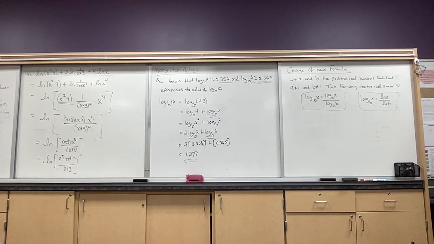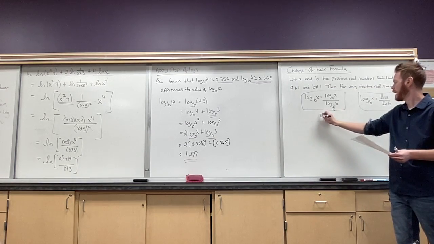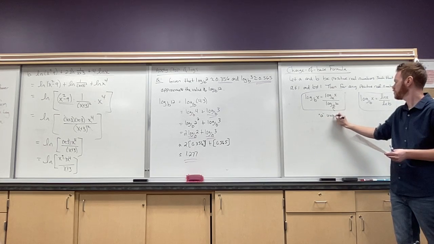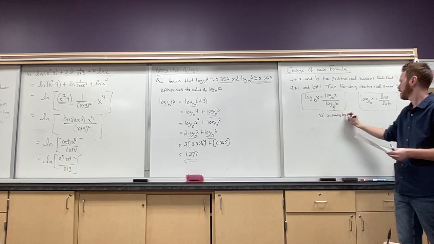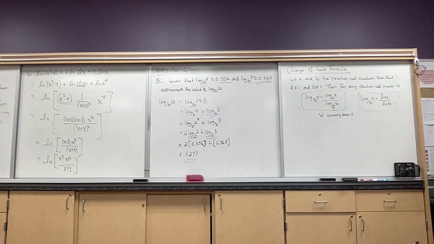Now, let me put a little note here. A is usually base 10, so usually a base 10 is what we have for A. So if I have a base 2 log, I can change it to a base 10 log.